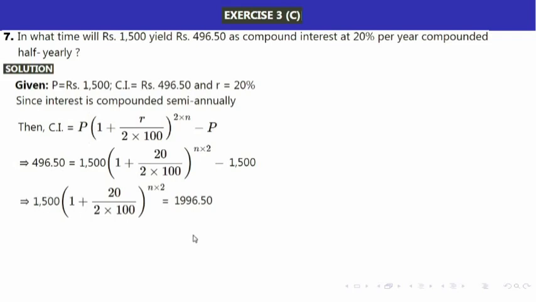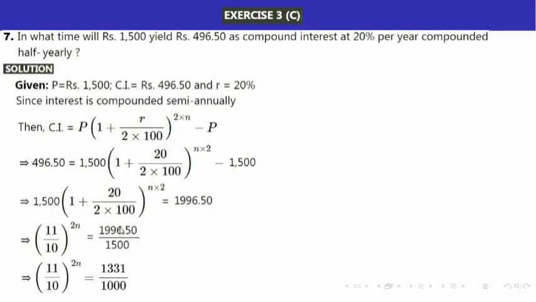Bring this 1500 to the denominator, and when you simplify the inner part, you get 11 by 10, and 2n. That is 1996.50 divided by 1500. Now when you simplify this, after removing the decimal and cancelling, you get this.